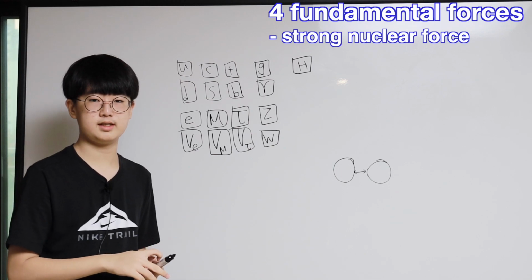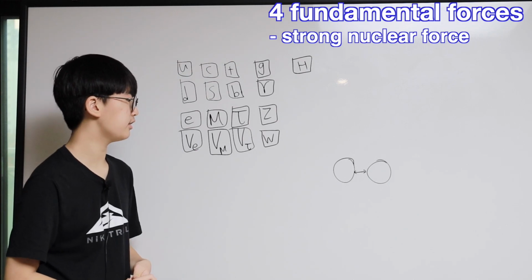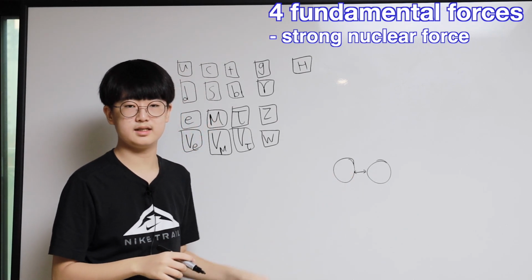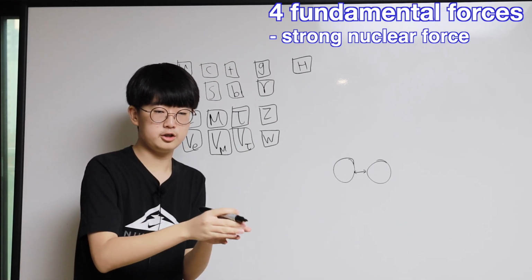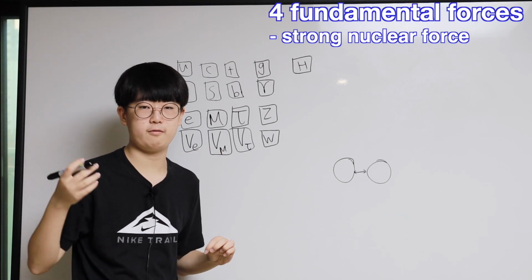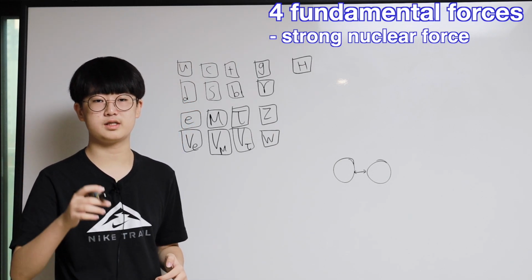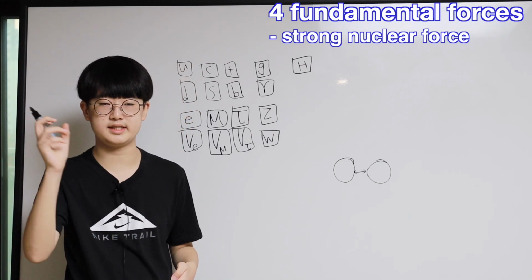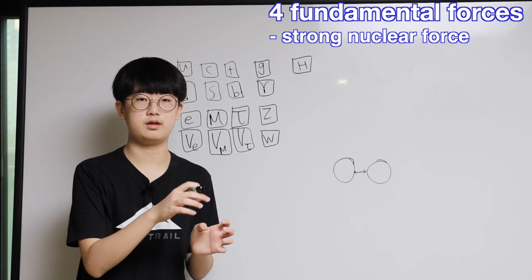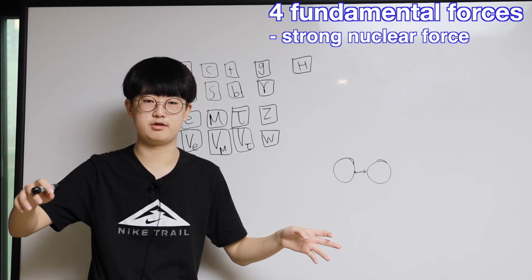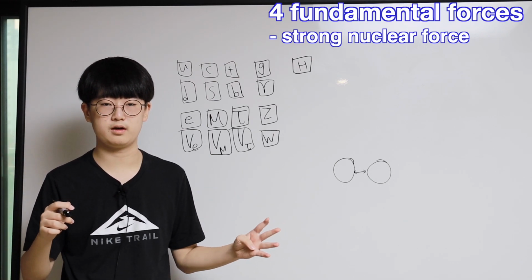But the strong force is the strongest force in the universe. But because the distance over which the strong force can apply is so short, the strong force isn't the force dominating the universe. But the electromagnetic force, which is 10 to the power of 36 times more powerful than gravity, also doesn't dominate the universe. Gravity does, the weakest force of the four.